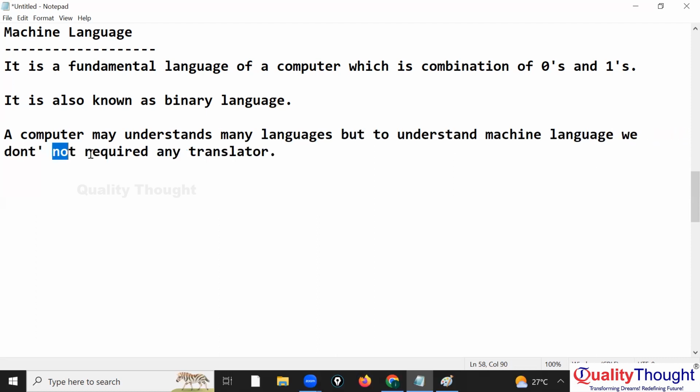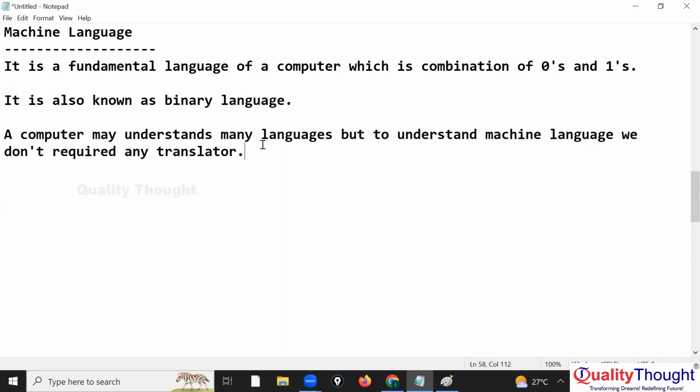We don't require any translator because the computer will understand machine language directly. So we don't require any translator, guys. Remember that point. Okay, sir. Okay, sir. I understood, sir. Machine language is a combination of zeros and ones. Because of this, it is also known as binary language. And to understand machine language, the computer does not require any translator.